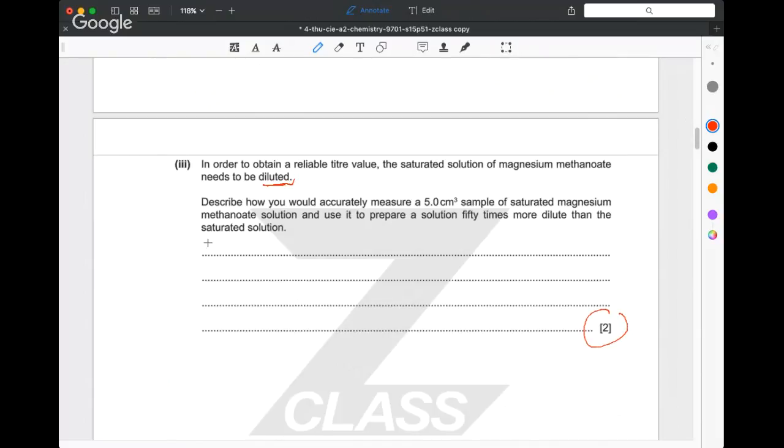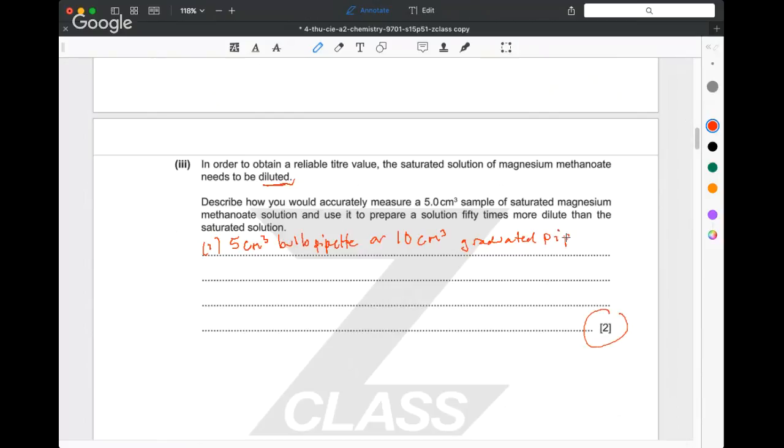The first step is you're going to take either a 5 centimeter cubed bulb pipette, I'll explain what that is in a moment, or, it doesn't matter which one you use, a 10 centimeter cubed graduated pipette.